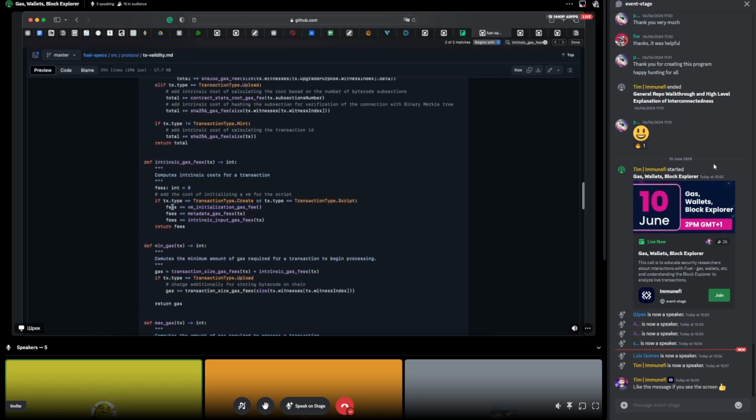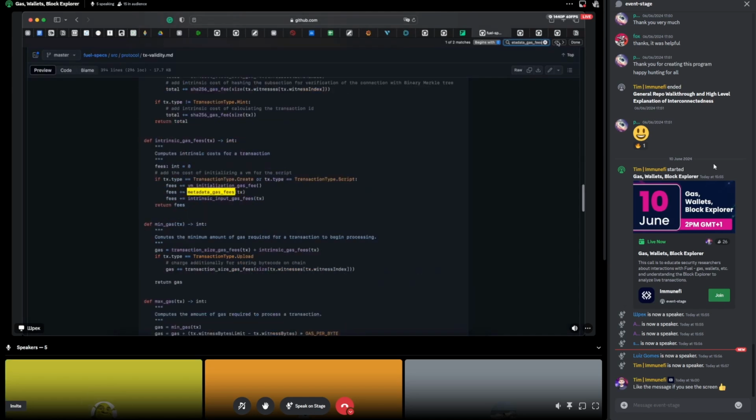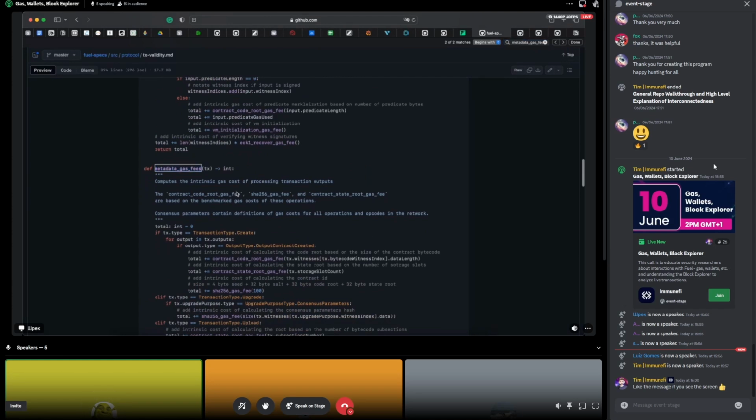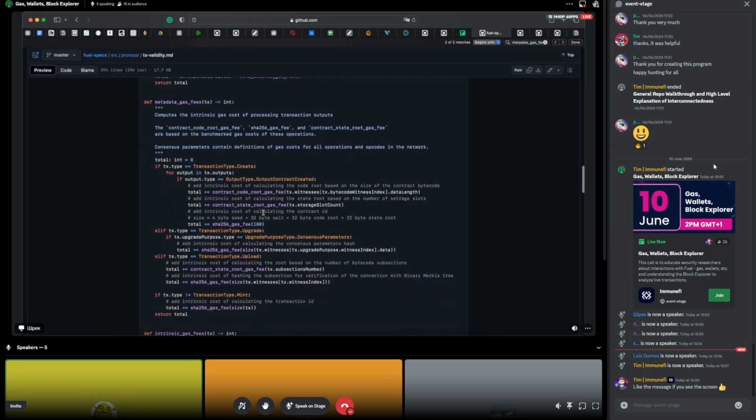Here you can see that we charge for VM initialization, and we charge for some metadata that should be calculated. For example, in the case of a create transaction, we will charge for contract ID calculation because it requires creation of a Merkle tree, many hashes, etc. Sometimes it can be very expensive, so we also charge for that.